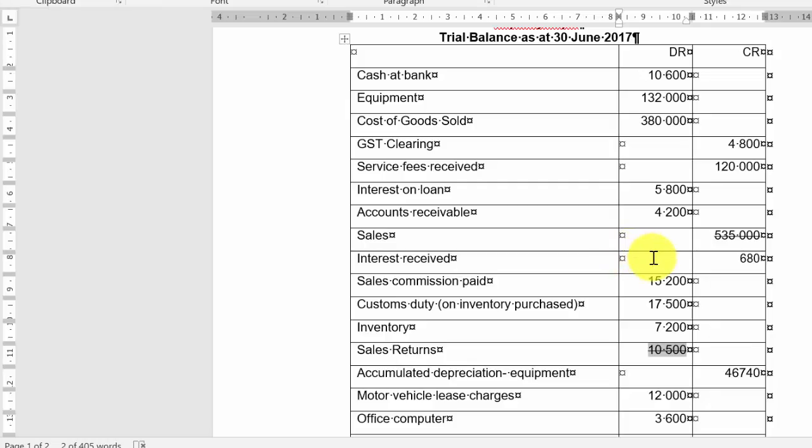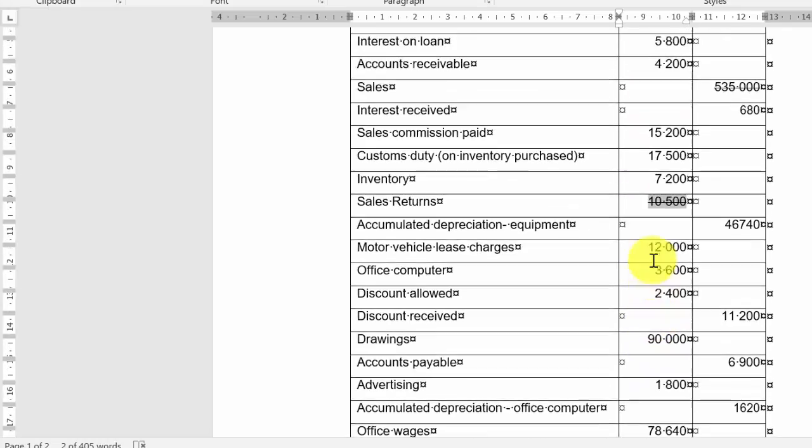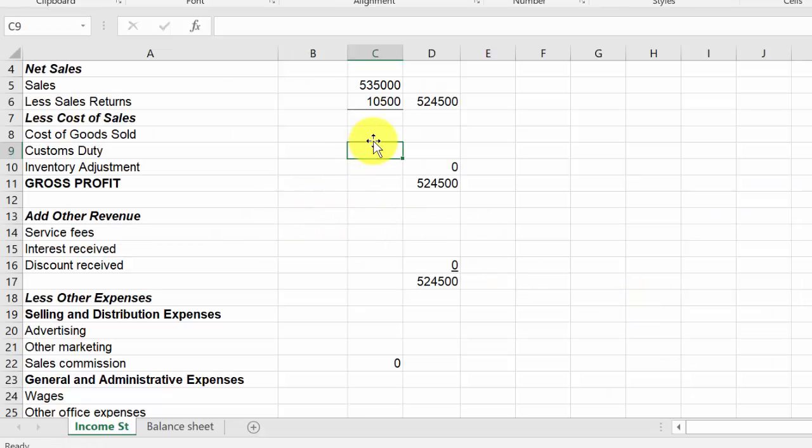So my cartage, and you've got to be careful about those sorts of things that go into the cost of goods sold. So if it's 17,500 there, that is probably going to be one of the tricky items that you'll see on the trial balance. So 17.5 there.